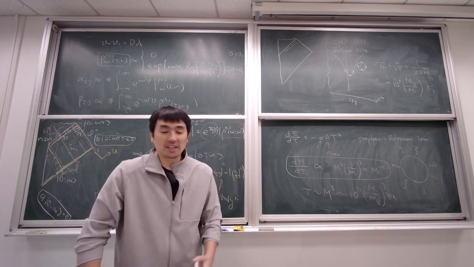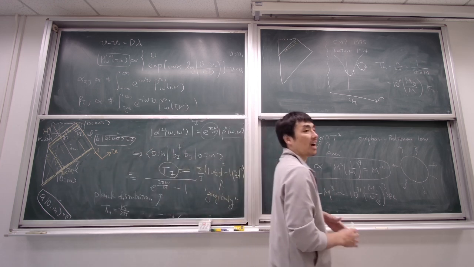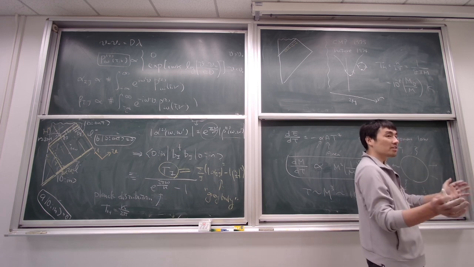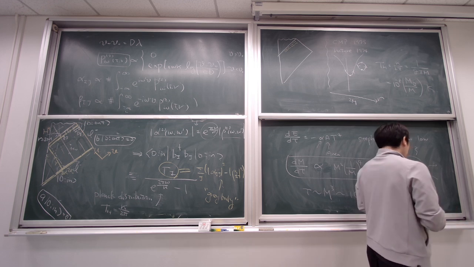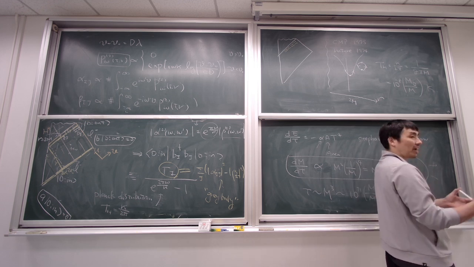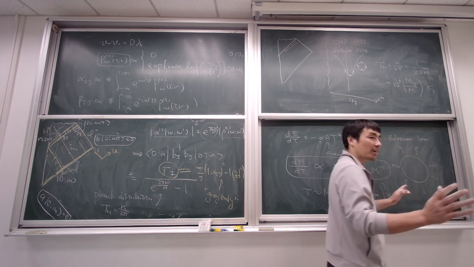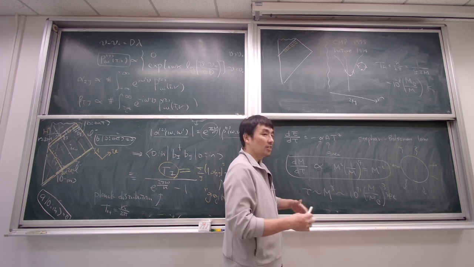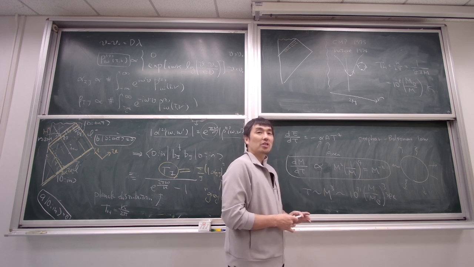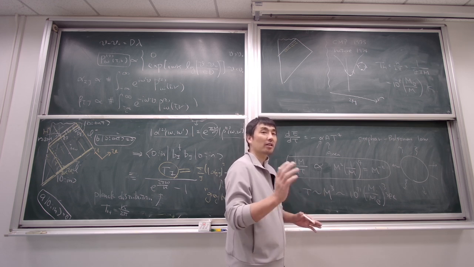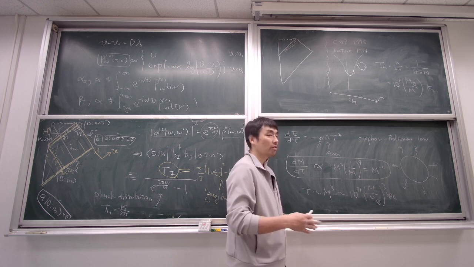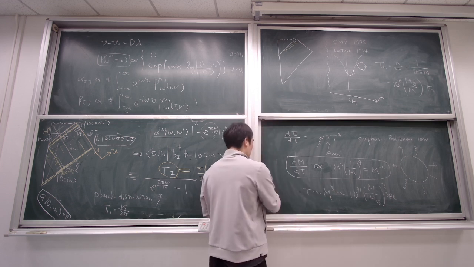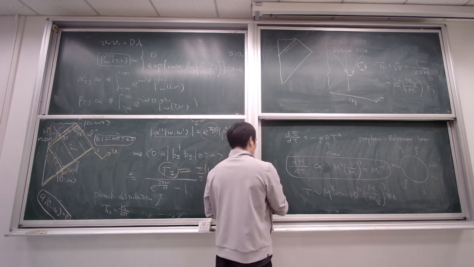Once you have thermal radiation, the black hole becomes thinner and thinner, and at the end of the day it just loses all its energy, gives all the energy to the thermal radiation, and disappears. So it's called black hole evaporation.